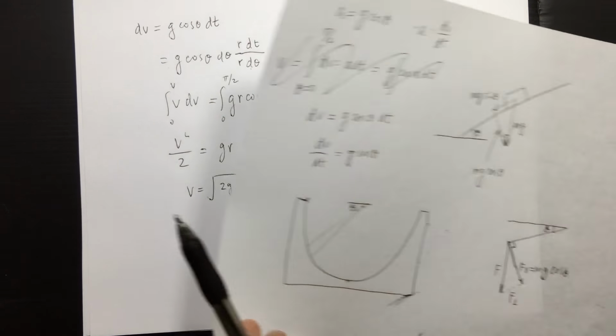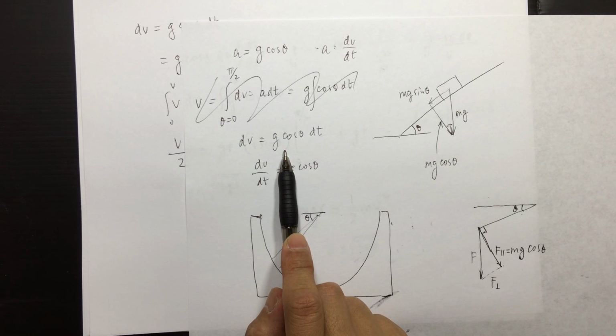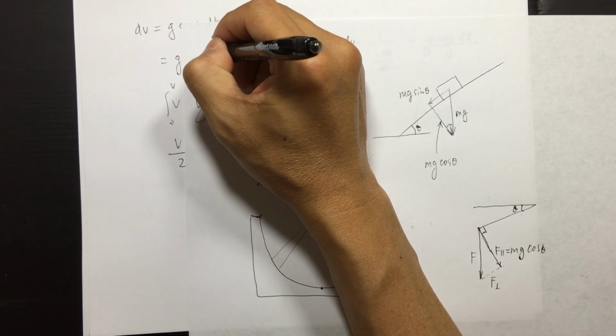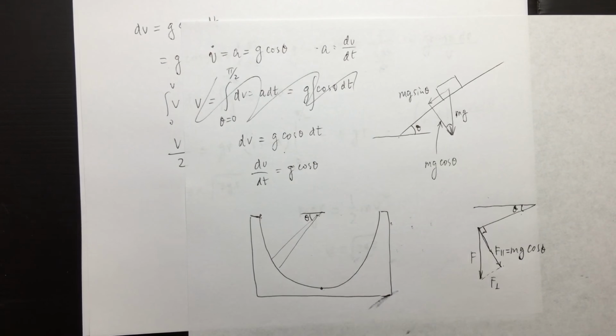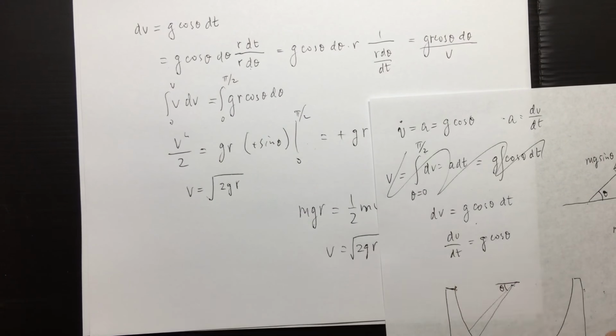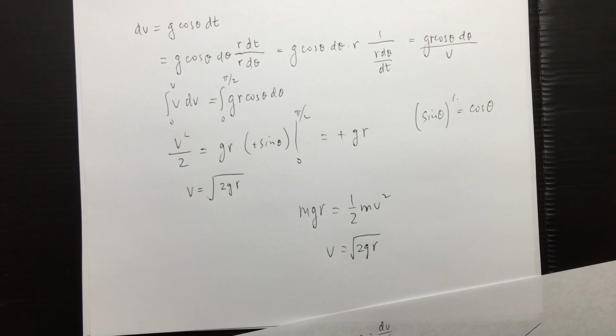In other words, this is your equation: v dot equals g cosine theta. That's your differential equation, so to speak. You need to solve it, and when you solve it from 0 to pi over 2, it'll be equal to this.